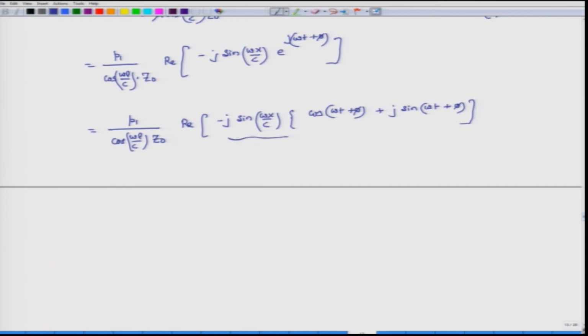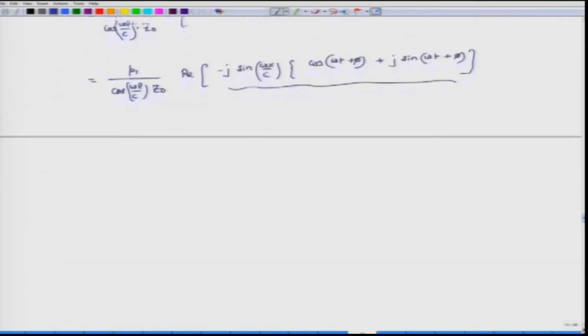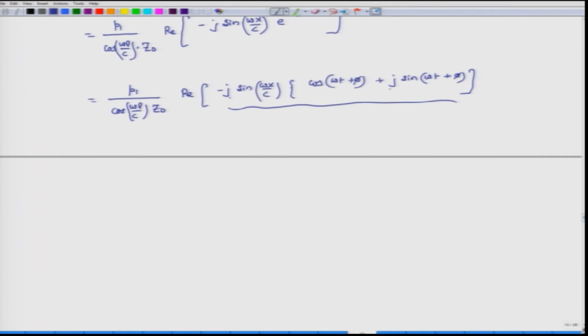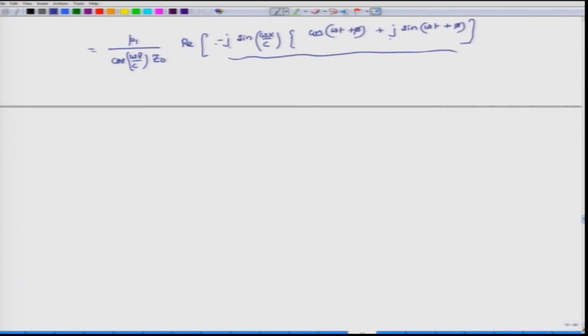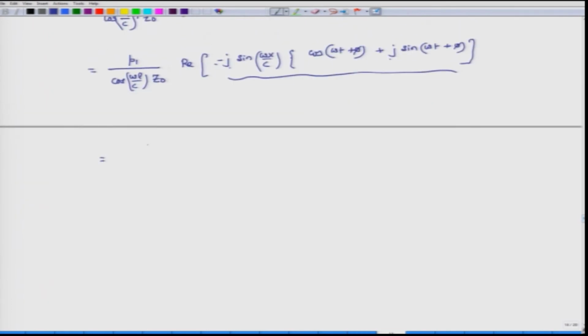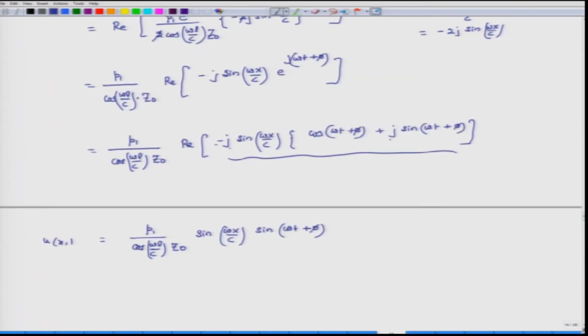If I take the real portion of this, I have to multiply j by j, I get minus 1, and then there is also the negative already there. So, what I get is P1 by cosine omega L over c times z naught, times sine omega x by c, sine omega t plus phi. Okay. So, this is my velocity.